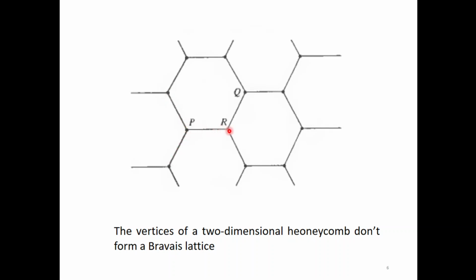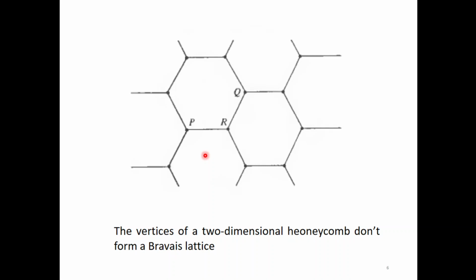So as far as these directions are concerned, then we don't see any neighboring points in these directions, like the one in here. Another direction should be in here, and the third direction should be in here. So that's why this honeycomb in its entirety does not represent a Bravais lattice.